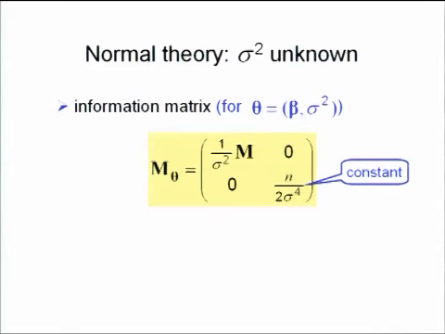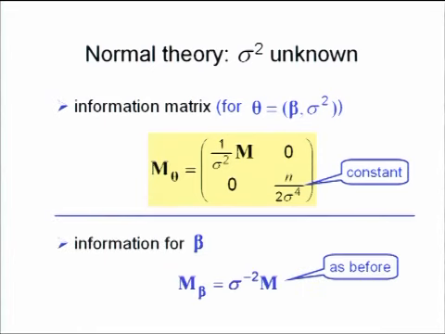And I tacitly assumed, and further on will mainly tacitly assume, that the variance is known. But if it is unknown, then the information becomes a little bit more difficult, but only a little bit. In the very end there's no difference because we have this nice block diagonal structure.